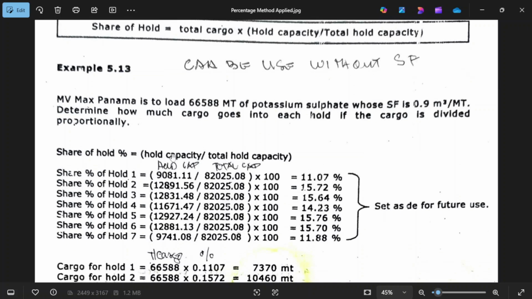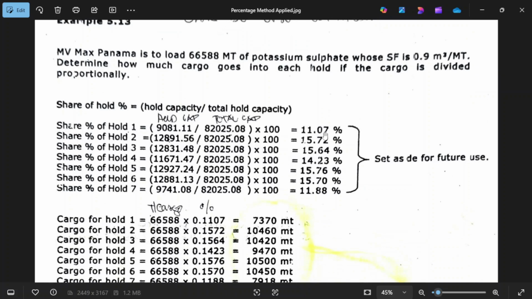Using this formula, the hold percentage is the hold capacity divided by your total hold capacity, then multiplied by 100. So this is the MV Panama.